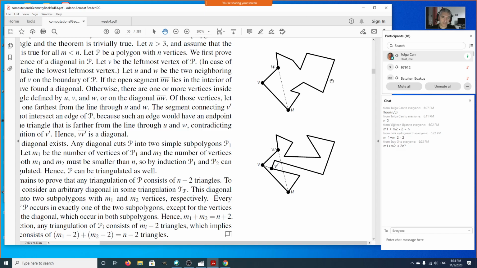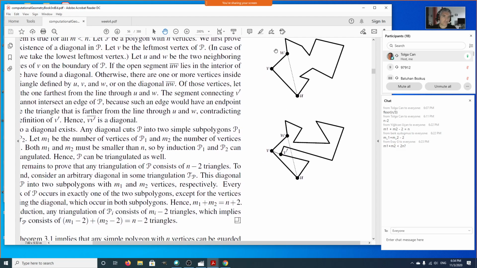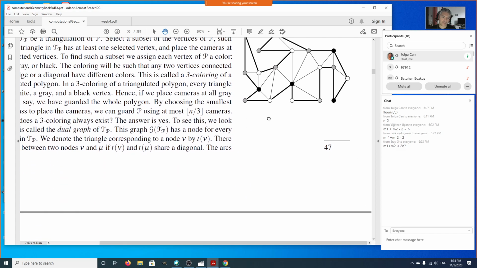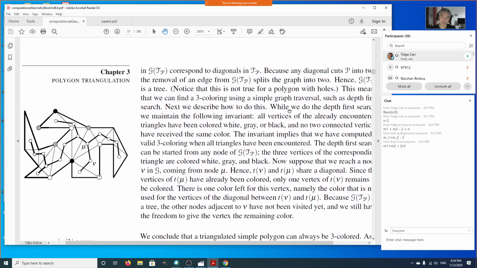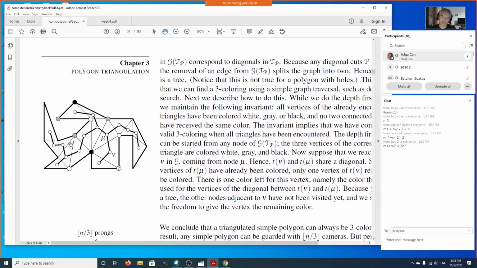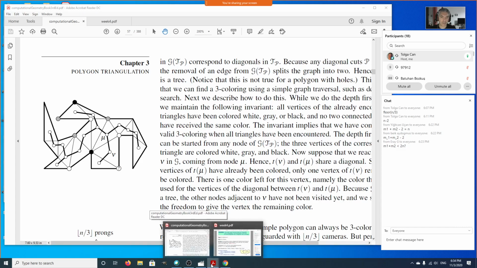So this gives us an algorithm which is O(n) square time. We can draw these diagonals repeatedly until all we have left are triangles. So this is one way to triangulate a given polygon. But this is an O(n) square algorithm. So in the next 2 sections, we are going to see an n log n algorithm to solve this problem, dividing a given simple polygon into triangular pieces in n log n time.